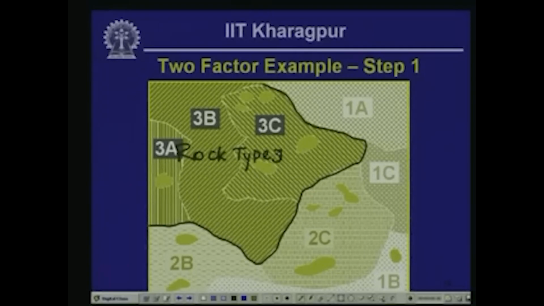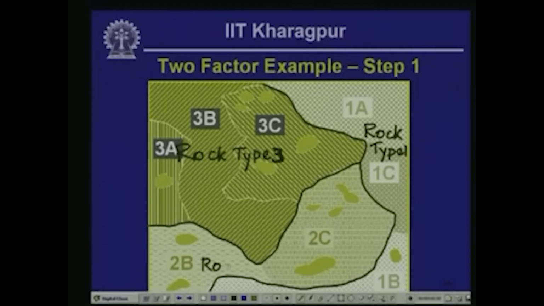So let's maintain the same nomenclature. So this is rock type 3. Then the area along the right margin of this particular map and most of the bottom margin of the map, we have rock type 1, and in the middle you have rock type 2.